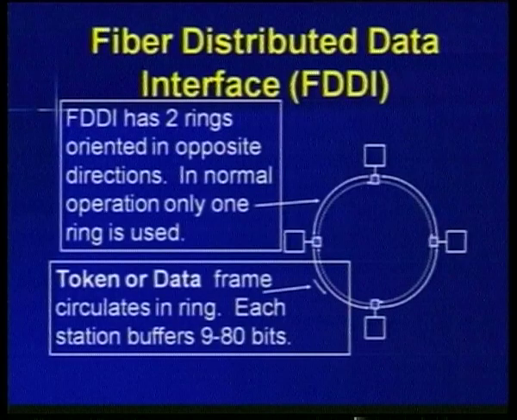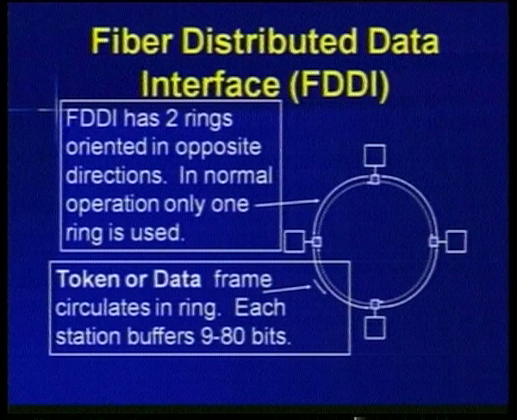In 802.5, remember that you may have a central access unit and different nodes connecting up to this access unit. Since the overall span of the network is much larger, of the order of about 100 kilometers, it is impossible to have lines running from each of these nodes to a central unit. So it makes better sense to have this kind of ring structure. That is what is used.